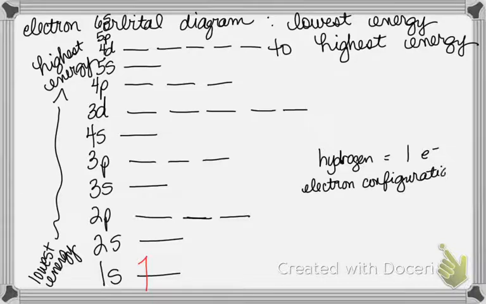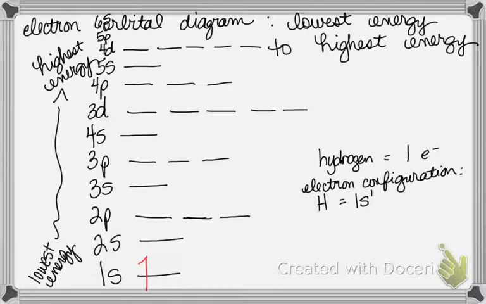The electron configuration for hydrogen is 1s1. 1s comes from right here. How many electrons are shown there? 1. That's why we put the little 1 superscript. So that's the electron configuration for hydrogen.